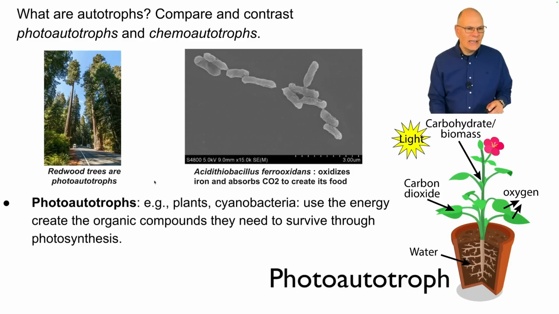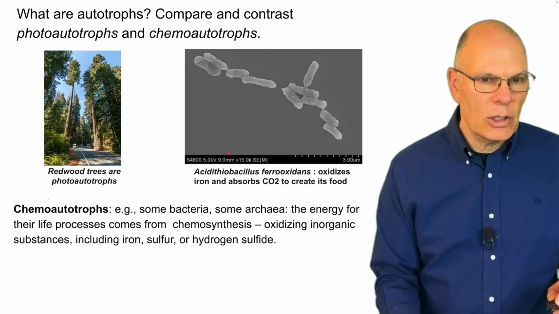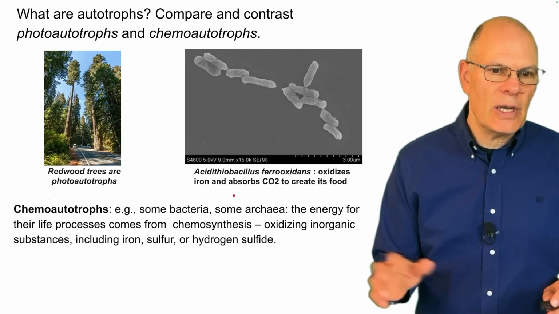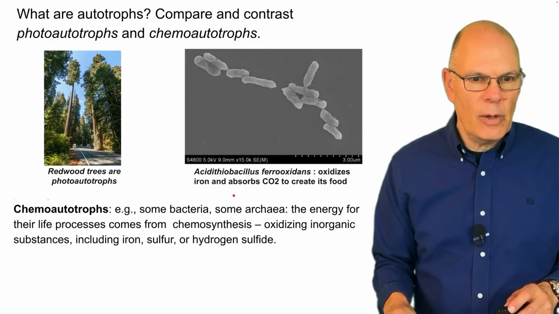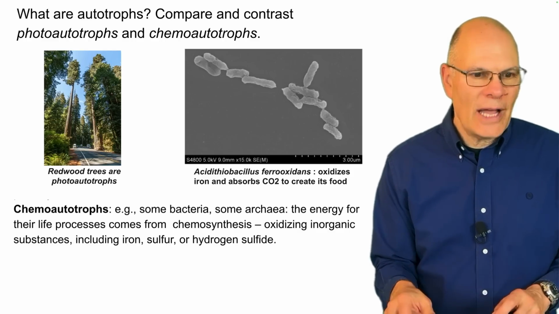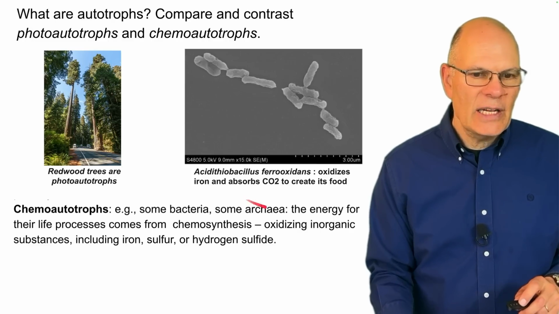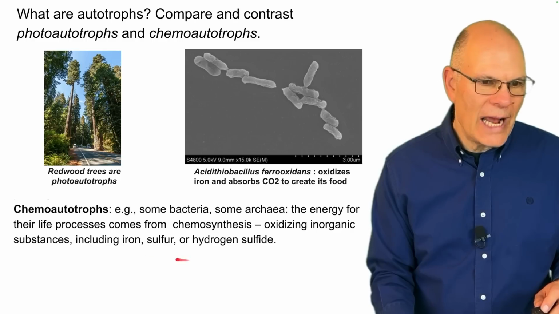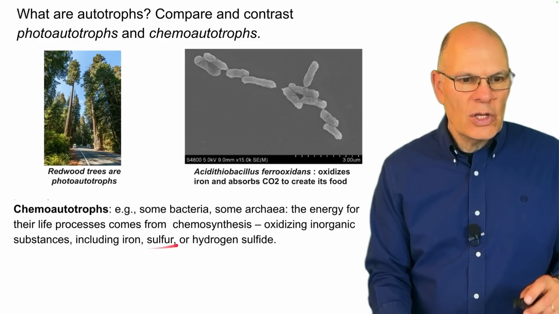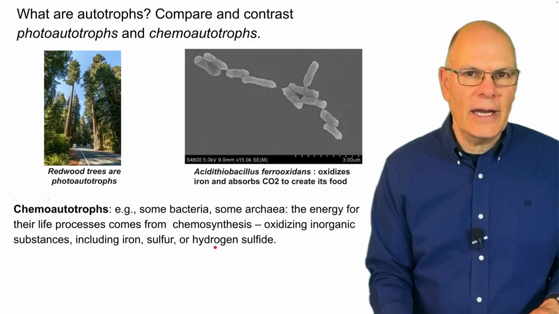They use the energy in light to create organic compounds that they need to survive through photosynthesis. Whereas chemoautotrophs include some bacteria, some archaea. Archaea is that third domain. The energy for their life processes comes from a process called chemosynthesis, and that involves oxidizing inorganic substances including iron, sulfur, or hydrogen sulfide.